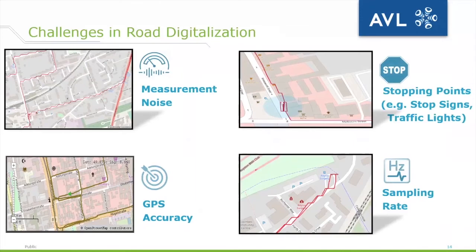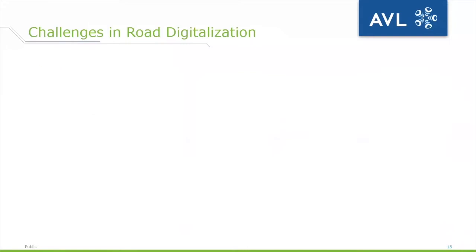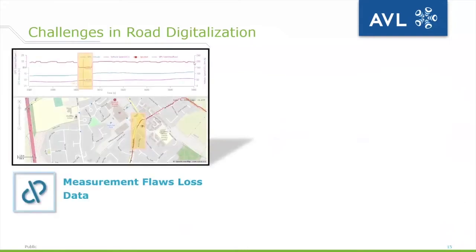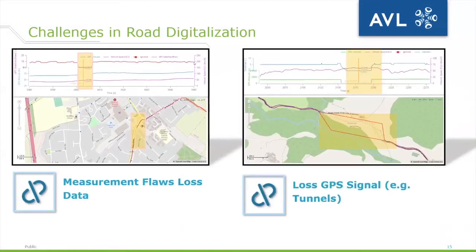And also when measuring at a low sampling rate, it can occur that we don't get the exact position of the driving of the vehicle. As you can see here, we also have to deal with some loss of data while measuring, or even when we are inside a tunnel and the GPS signal has been lost, we have to make sure that we also get the data from there.